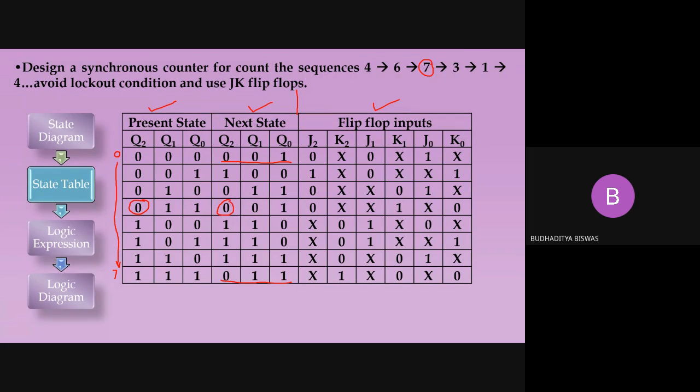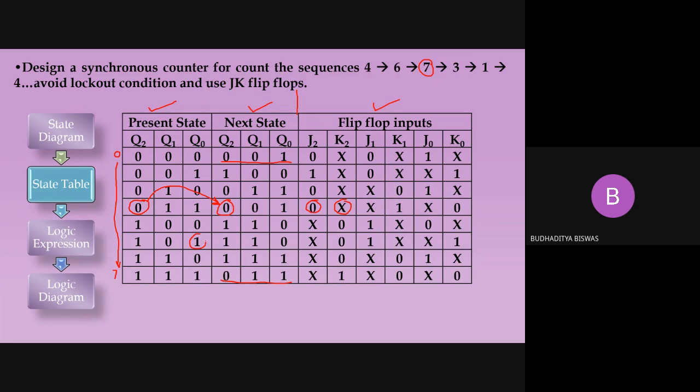So this is called a 0 to 0 transition. Presently it is 0, and in the next state it is also 0. So for a 0 to 0 transition, the excitation table says it should be 0, don't care. So J2 should be 0 for this particular flip-flop input, and K2 should be don't care. In this way we need to fill up every possible combination. Suppose this is 1.